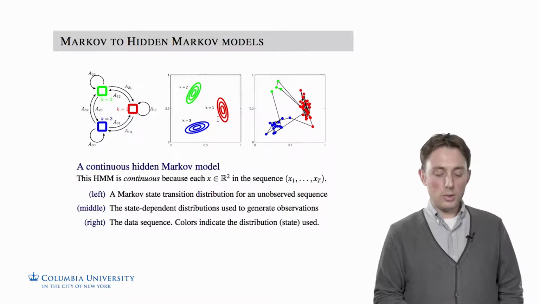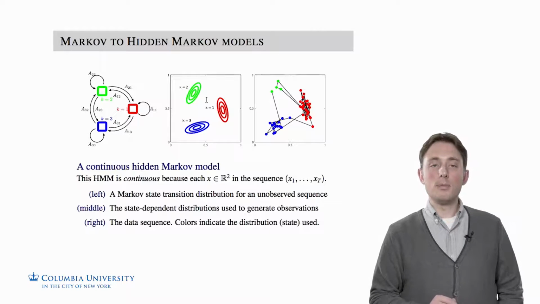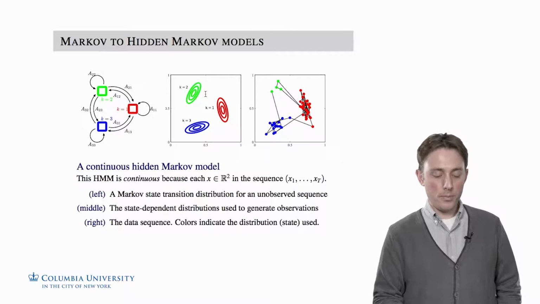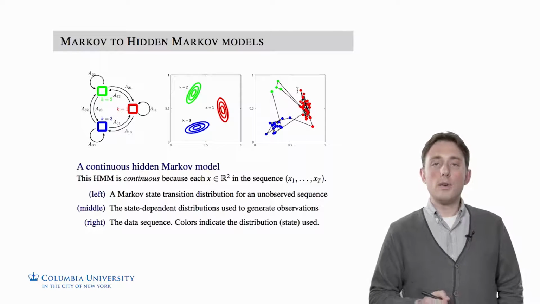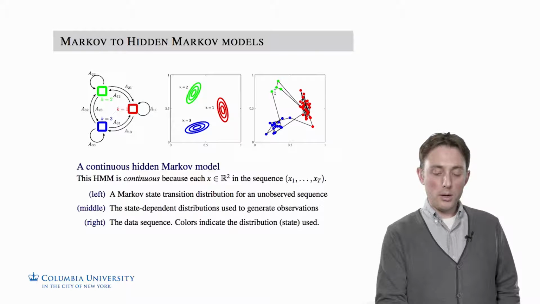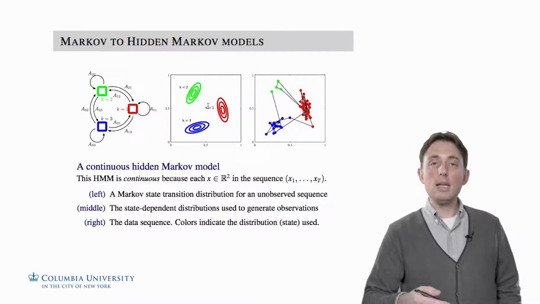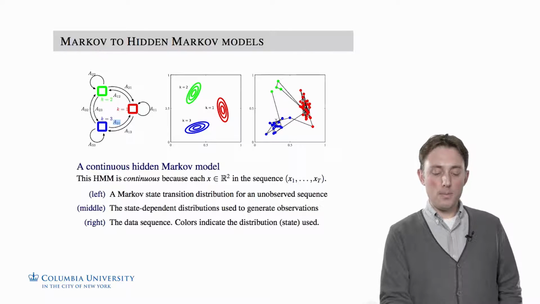In the middle, we've taken this Markov chain and we've now defined a state-dependent probability distribution on the observed data. And on the right, we now have a sequence of observations where, for example, in all of these points we're in this second state, and all of the blue points we're in the third state, and all of the red points are in the red state, meaning that every blue point is a random variable with this distribution.